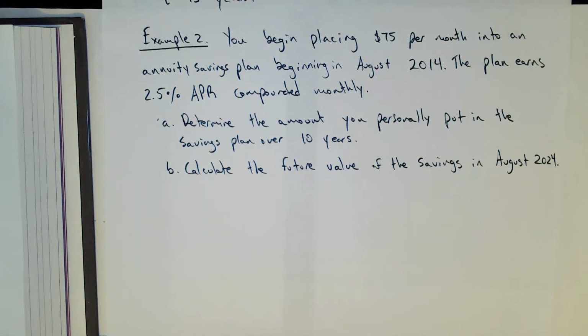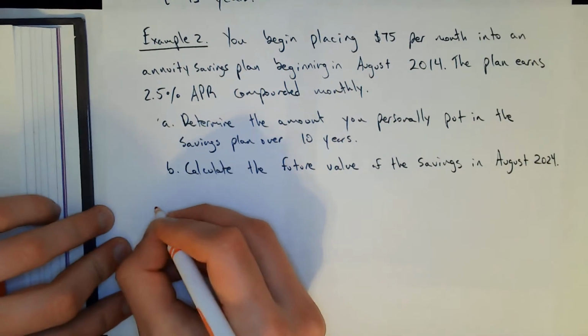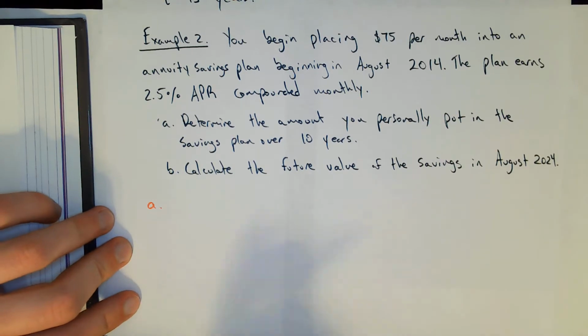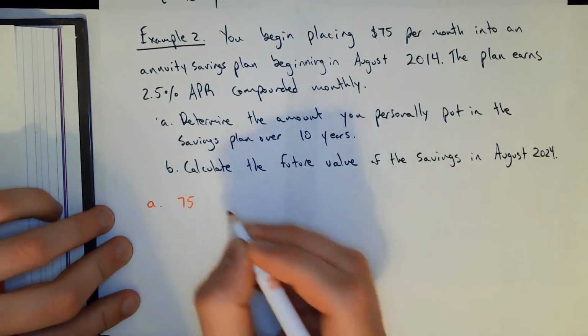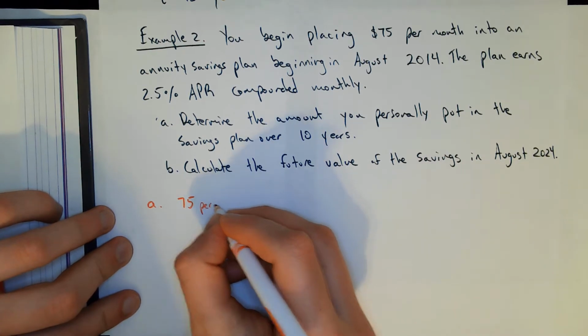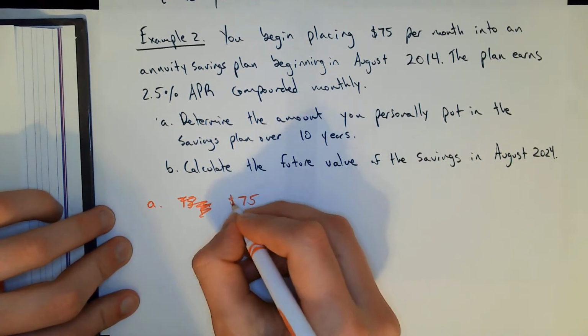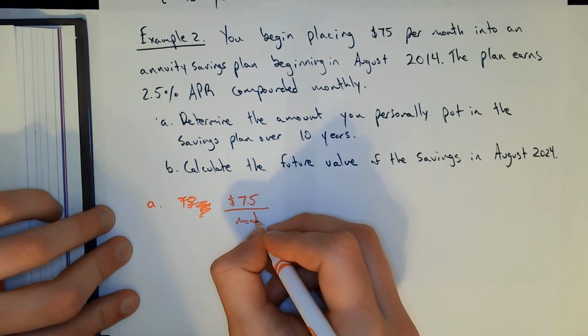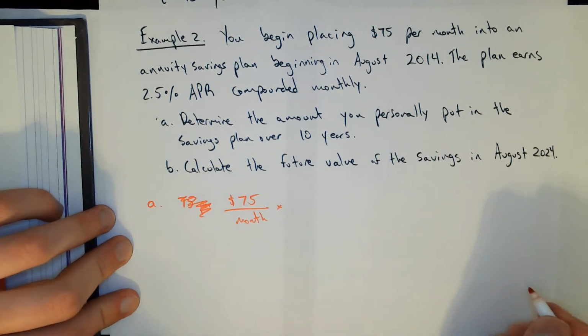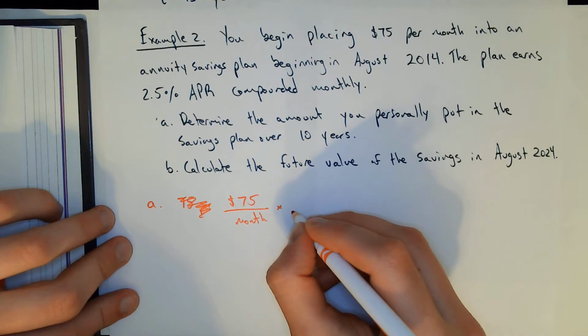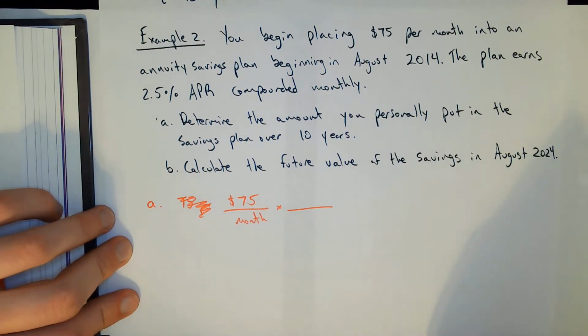Part A does not need a formula. Part A is just asking, how much are you putting into the savings plan over 10 years? Well, you're putting in $75 per month. Let me say it this way, $75 per month. Use a little bit of dimensional analysis here to find how much per year.